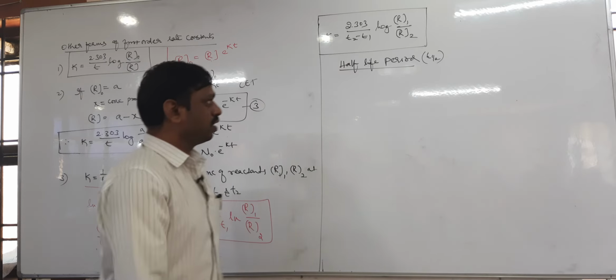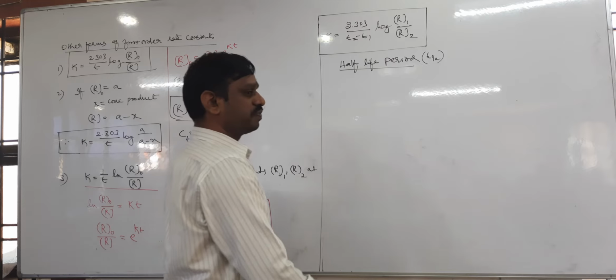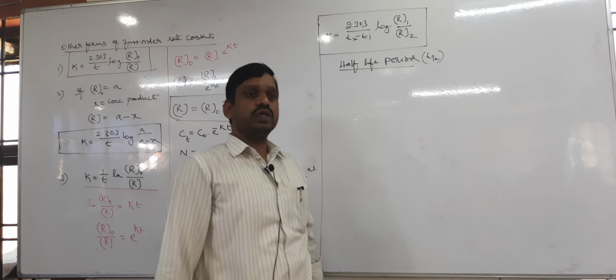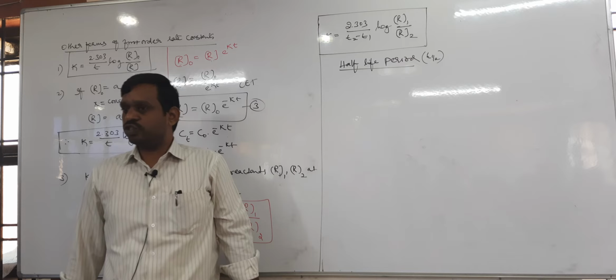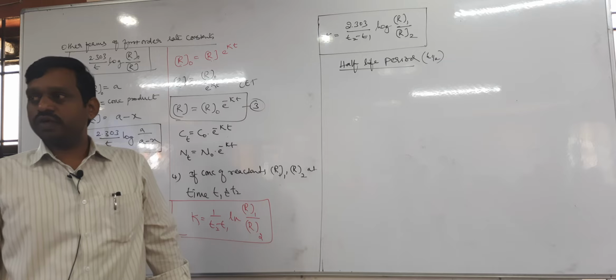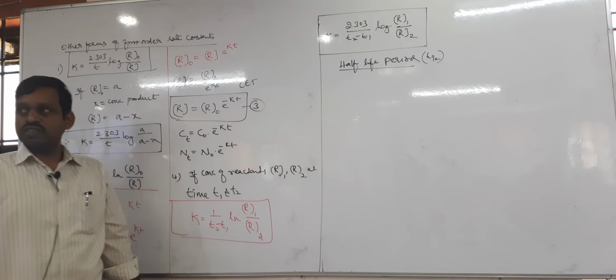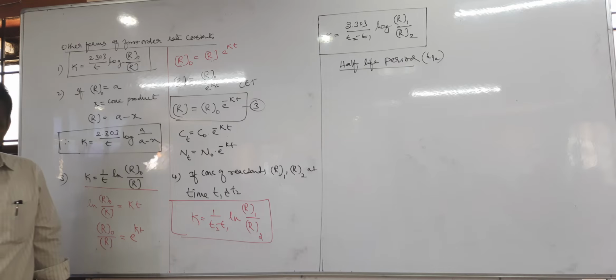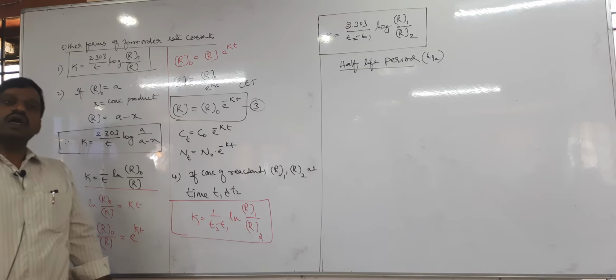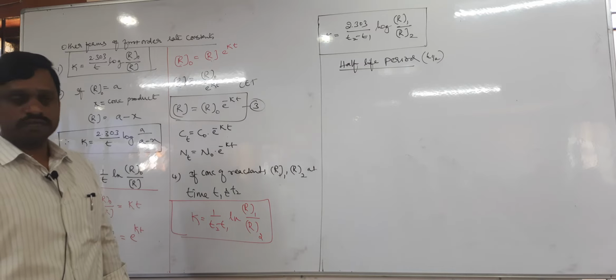Okay, write down: the time taken to convert half of the concentration of reactant into product is called what? Half life period, T half.